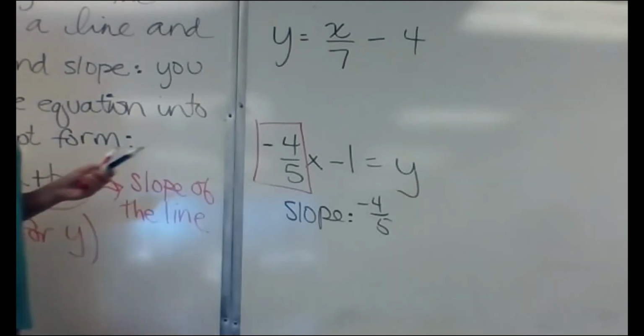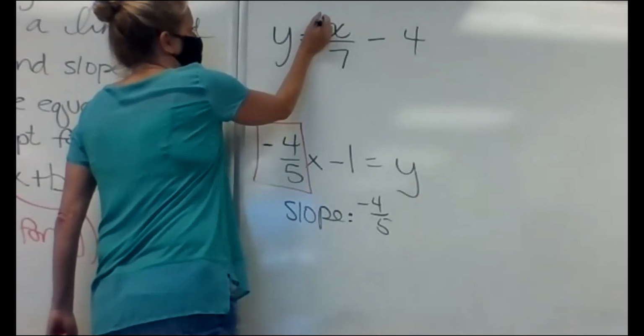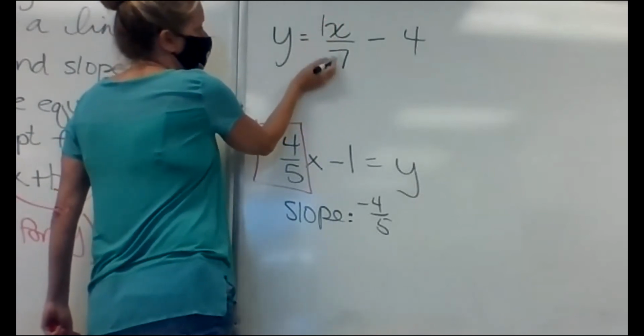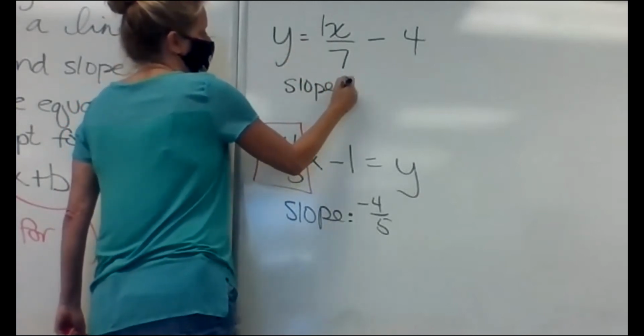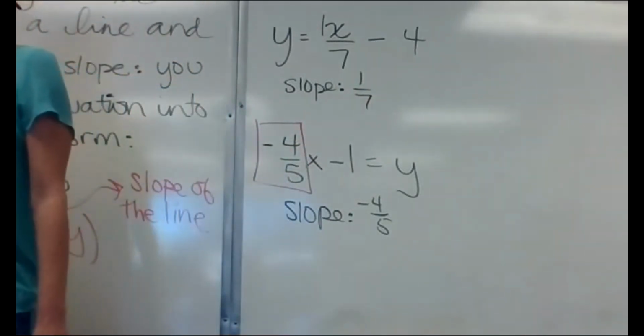So what this is really saying, what number is in front of this x right here? I just don't see it. 1. So the number hooked on is actually 1/7. So the slope of that line is 1/7.